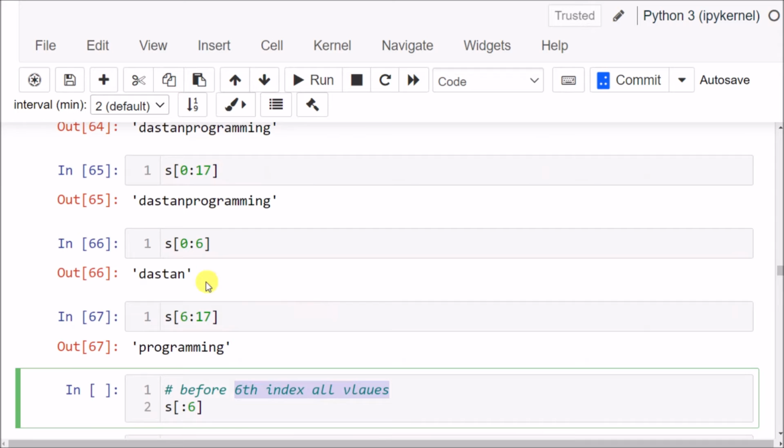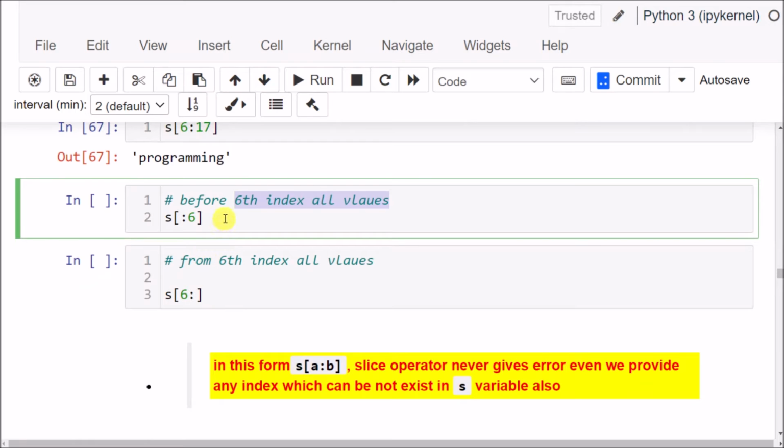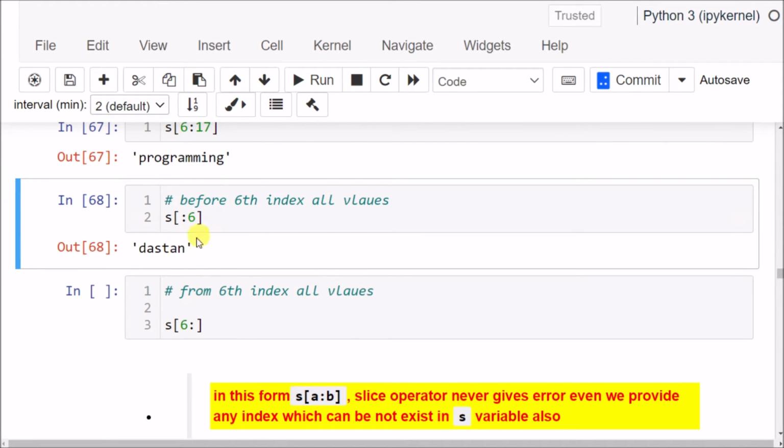So before 6 we have seen 0 to Dastan. When I execute this, we'll get Dastan.